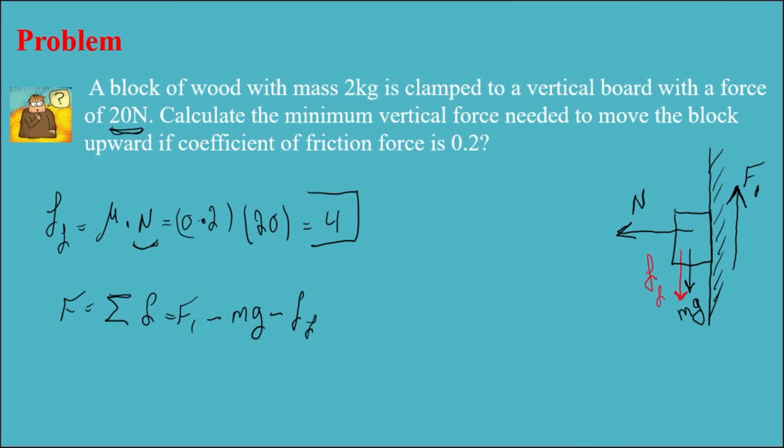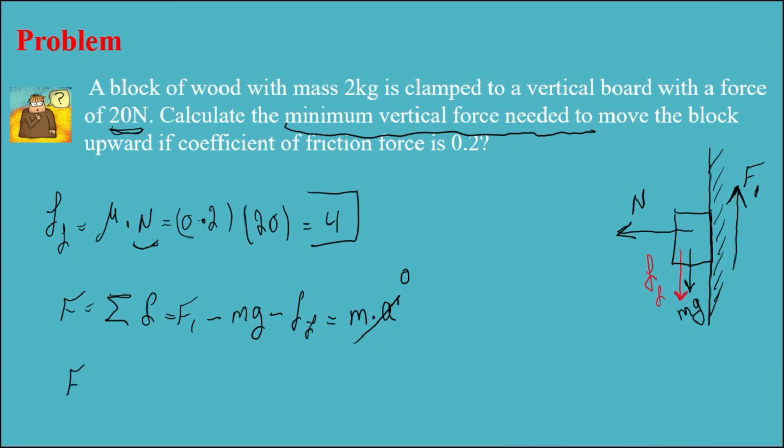And see here, it says the minimum vertical force needed to move the block, right? So the box hasn't moved yet. So then it is equal to m times a, so that's gonna be 0, acceleration is gonna be 0 because the box hasn't moved yet. So velocity is gonna be 0 and acceleration is gonna be 0.